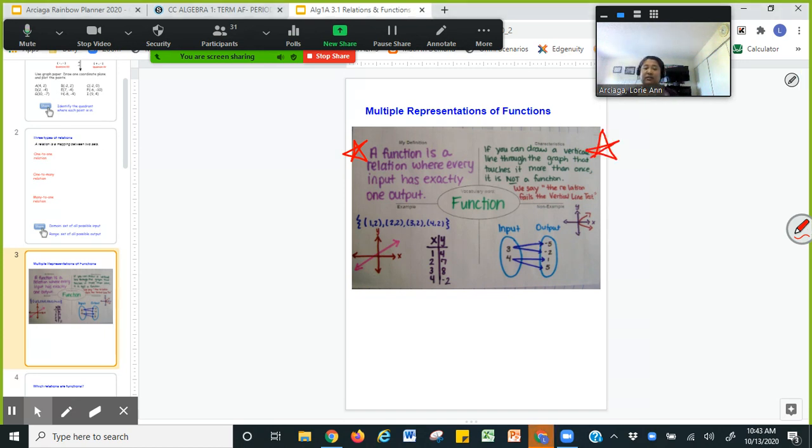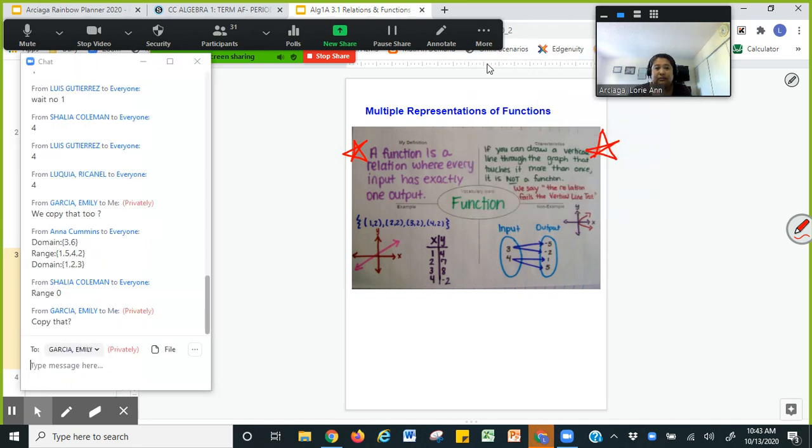Those are the only things you need to copy. Yeah, but not the whole diagram. So just write down the definition of a function and this paragraph over here.